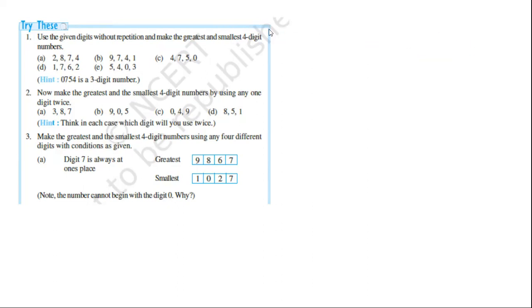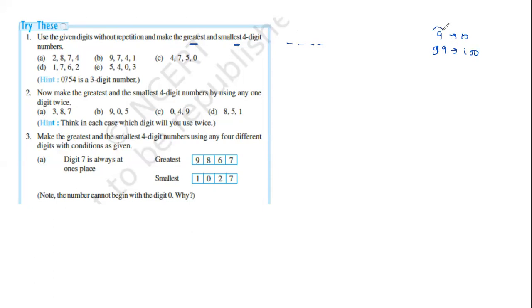And he's saying you need to make the greatest and smallest 4-digit number. So with a 4-digit number, you understand there will be 4 digits. Can you tell me which is the greatest 4-digit number? You must have studied that in your 8th class, right? If I say 9, after that 10 will come. If I say 99, after that 100 will come.